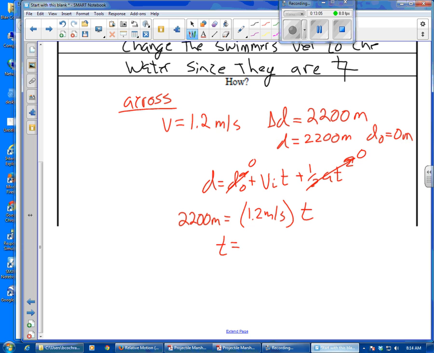T equals, let's see, 1,830 seconds. That's a pretty wide river.